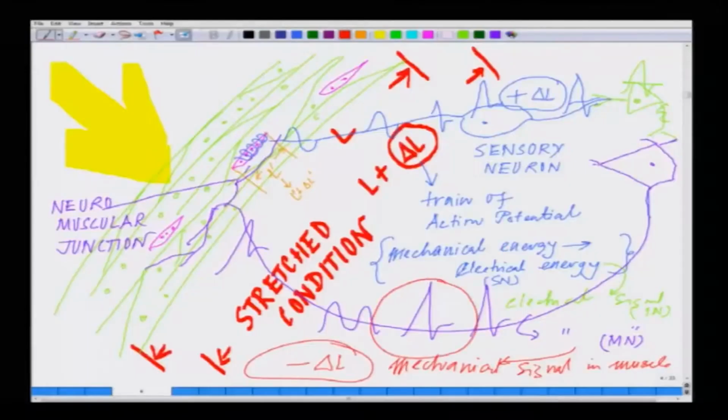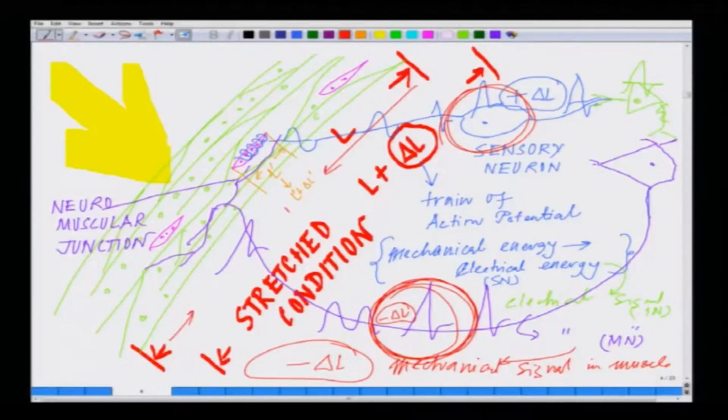It should be minus delta L now. So, this electrical signal originating in the motor neuron is diametrically opposite, if we have to understand it, to the signal which was conveyed in terms of plus delta L, and this one is saying minus delta L. So, come back to its original position. After this change it will tell you come back, so that it becomes L again.